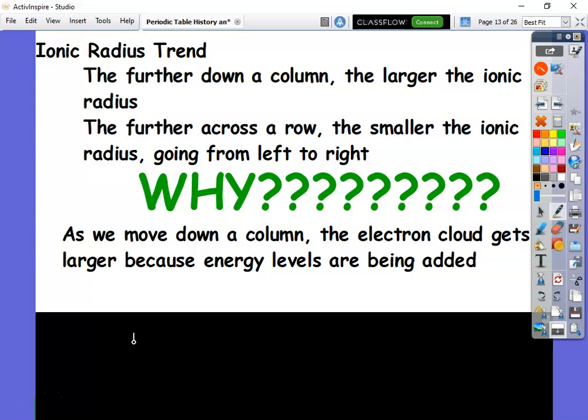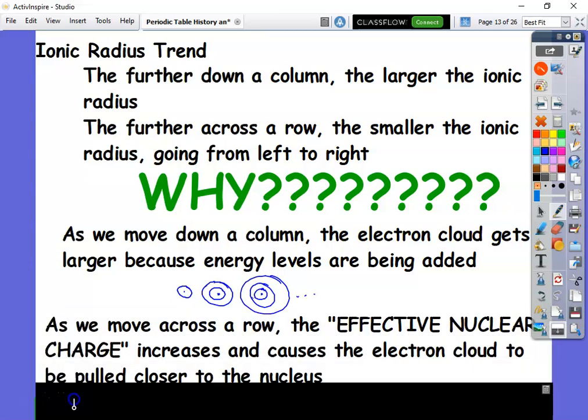We are still dealing with the fact that going down a column, we have atoms with one energy level of electrons, and then the next step down would be 2 and 3 and so on, all the way up to 7 energy levels. So going down, that electron cloud gets larger, so the ions also get larger, going from the top to the bottom of a group on the periodic table.